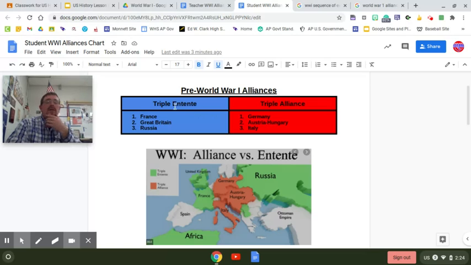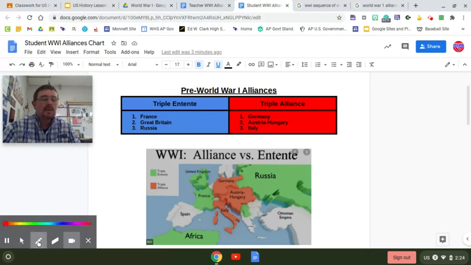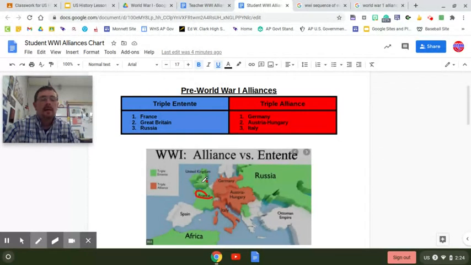So the first alliance here is the Triple Entente. So France. Here is France, right here. Great Britain. The United Kingdom, which puts Scotland, Wales, and Great Britain together into one unity.